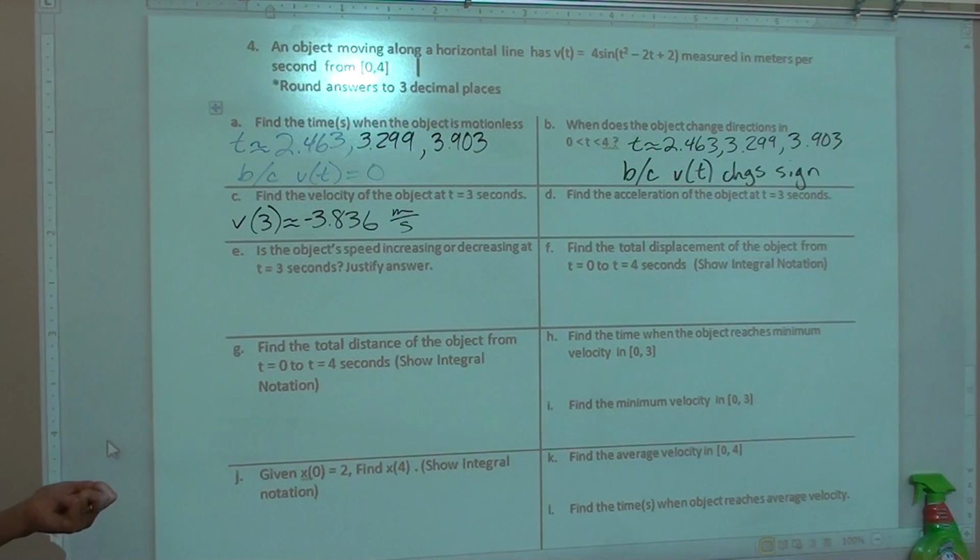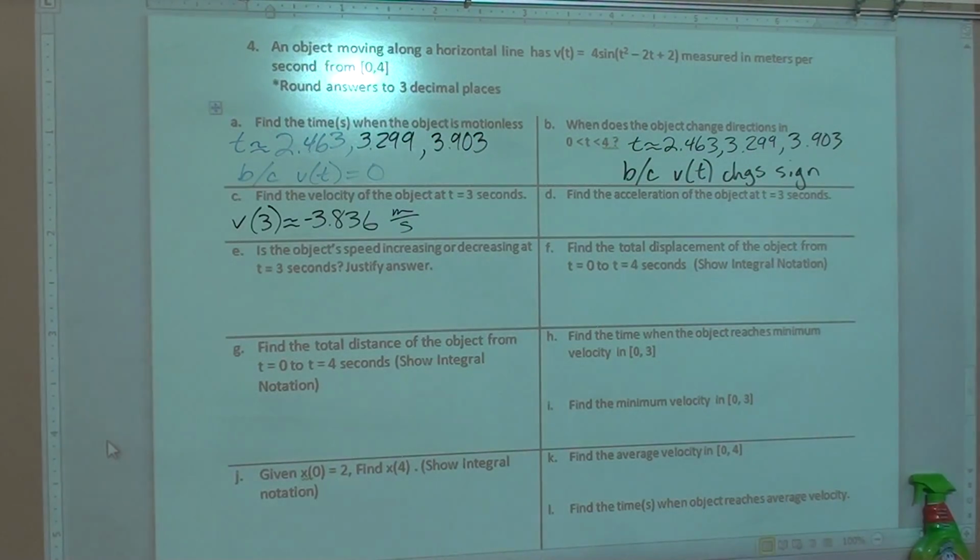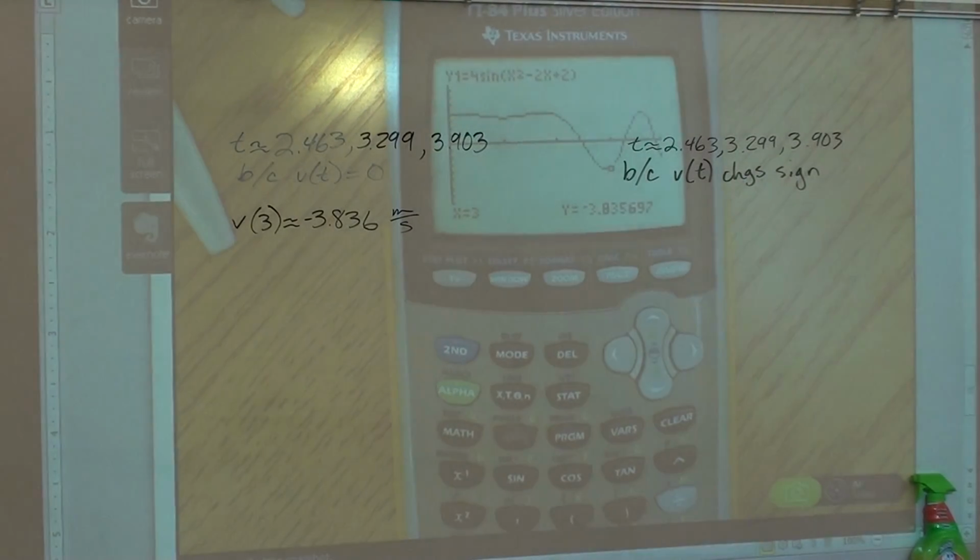All right, now we want the acceleration at t equals 3. How does acceleration relate to velocity? It's the derivative, right? So we need the derivative at 3. Does anyone remember how to find a derivative on your calculator? Second trace, which takes you to your calculate menu.